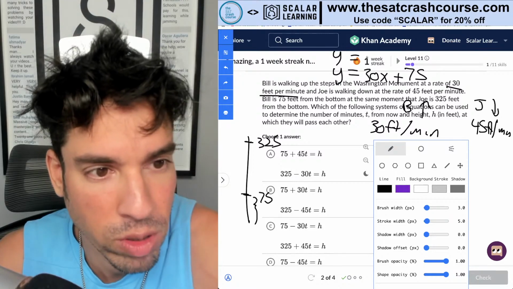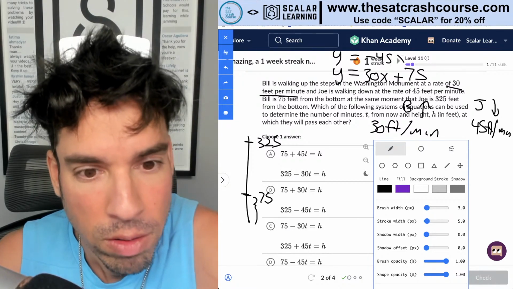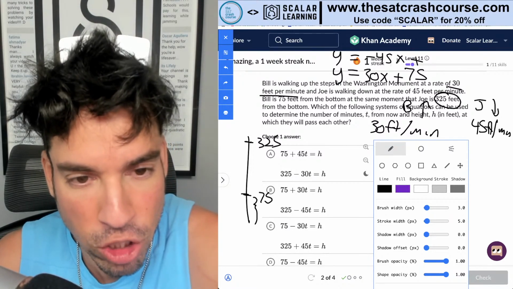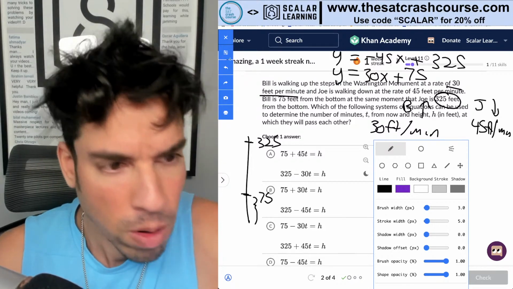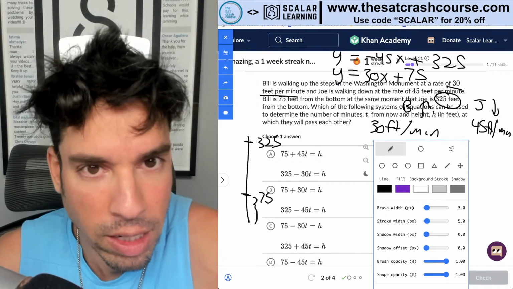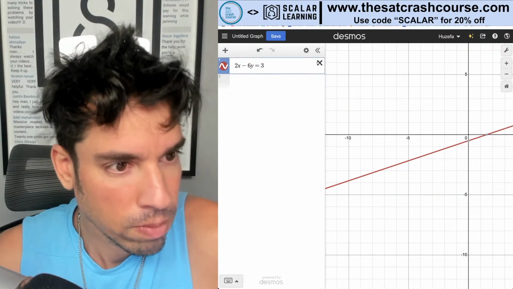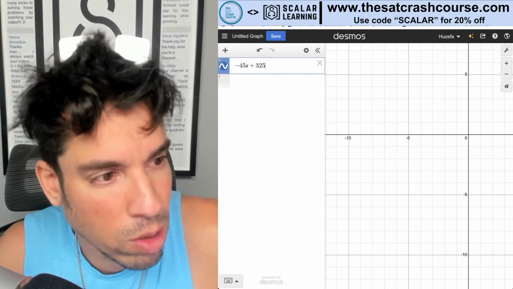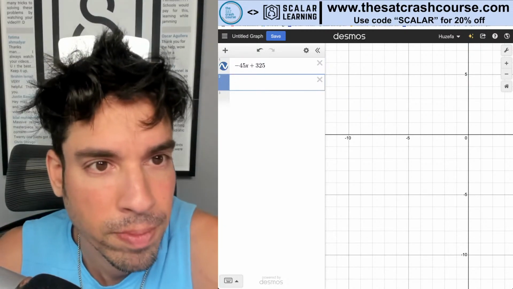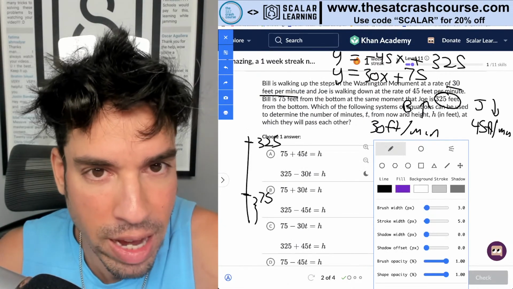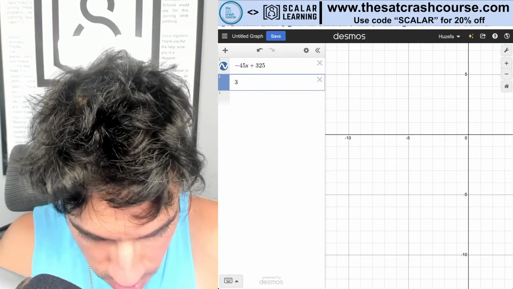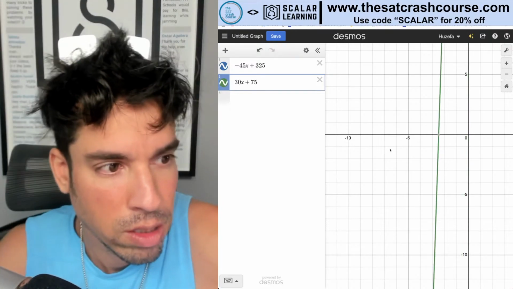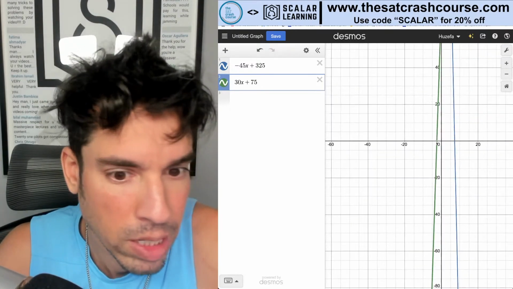So this one is y equals negative 45x plus his starting position, which is 325. I'll do this in decimals just for fun. So negative 45x plus 325. Notice I'm excluding the y, but it'll still work. And then this one's 30x plus 75. So we need to see when these two are going to be equal to each other.